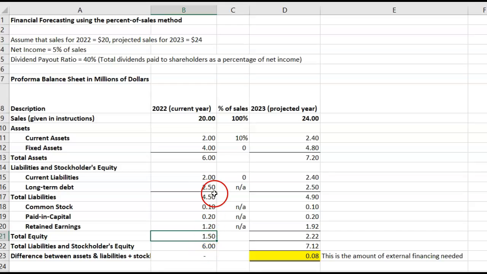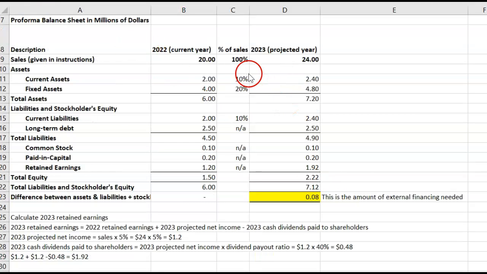And if you add up our liabilities and our stockholders' equity, this 4.5 million plus this 1.5 million, we get a total of 6 million. And remembering the accounting equation that assets need to equal liabilities plus stockholders' equity, these two numbers should both be the same. And I've got a little formula down here that calculates the difference. And sure enough, there is no difference because they are the same.